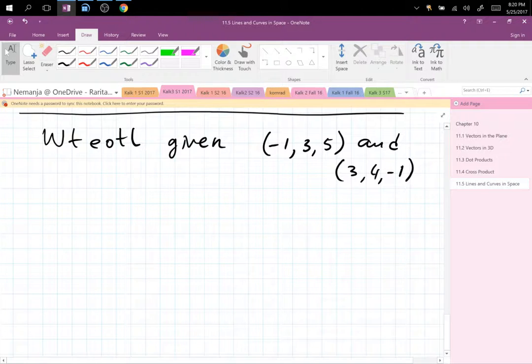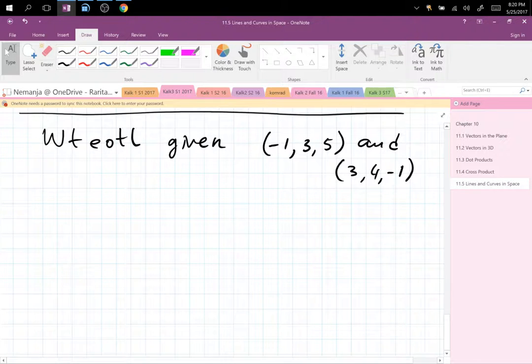Okay, so when you have 2 points in your algebra class, you used y minus y1, x minus x1, created a slope, and then you used one of the 2 points to create the equation, right?